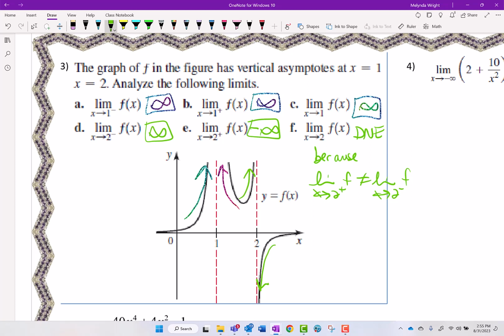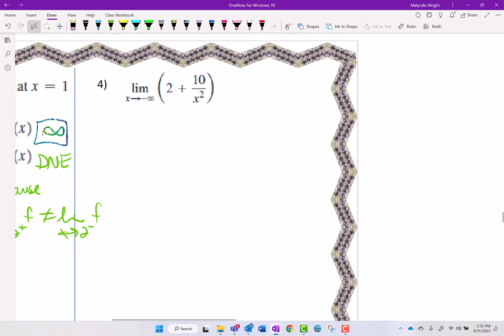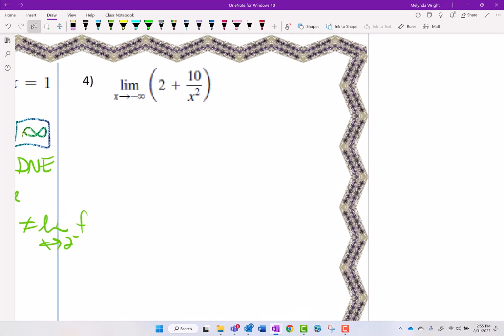Okay, how are we doing? All right, let's look at number 4. So on number 4, we're going to focus on the x, because x is going to negative infinity. So I want you to think about, as this location right there grows bigger and bigger and bigger, what is going to happen to this whole fraction? What's it going to tend to or go to? 0, right?